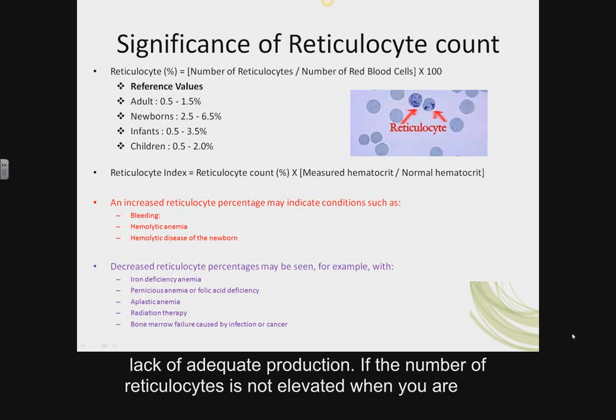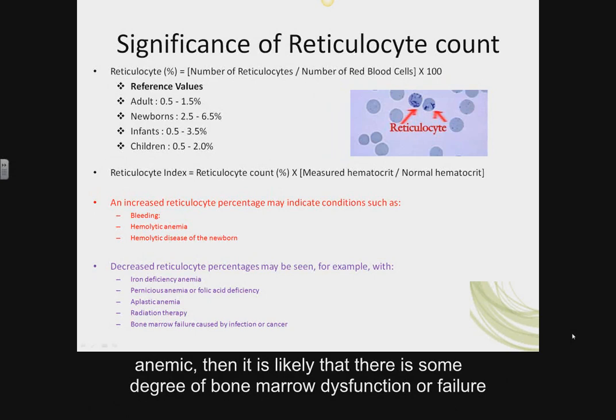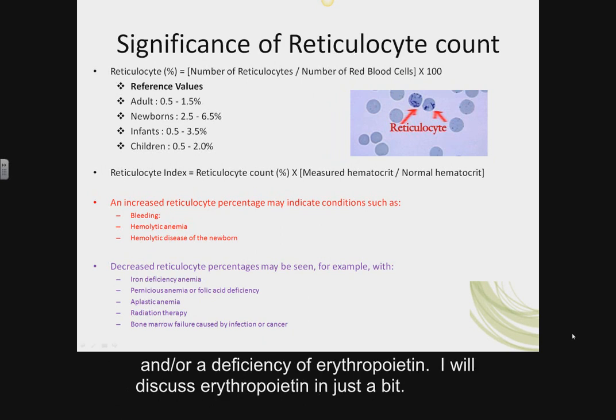If the number of reticulocytes is not elevated when you are anemic, then it is likely that there is some degree of bone marrow dysfunction or failure and/or deficiency of erythropoietin. I will discuss erythropoietin in just a bit.